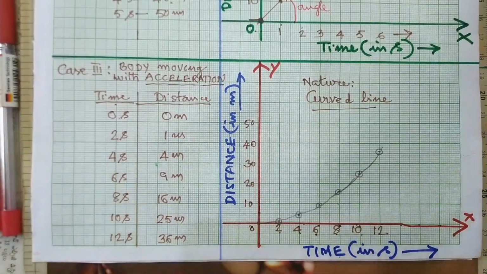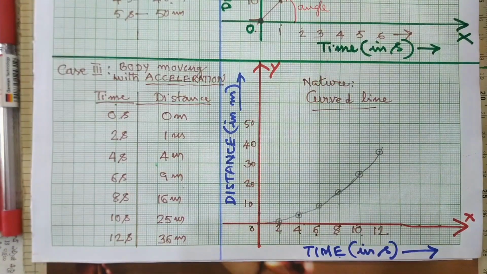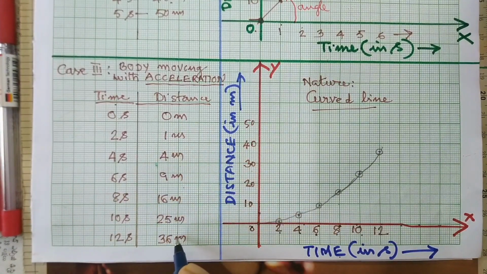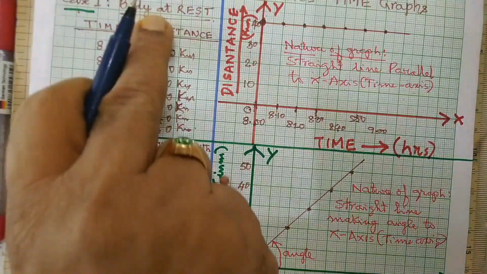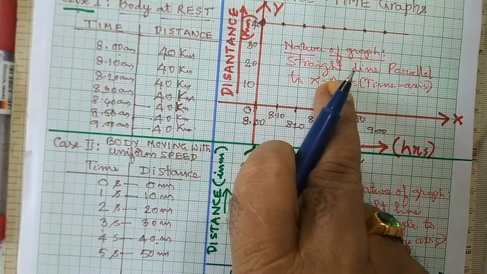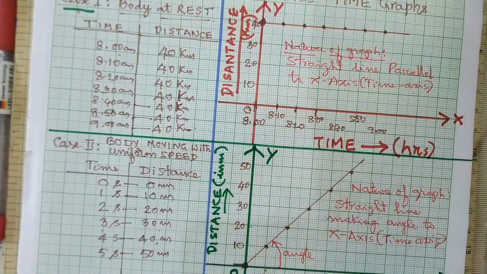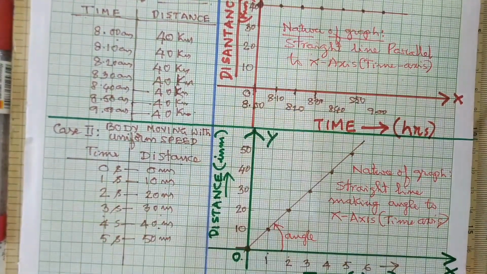Okay. Now observe carefully the three cases I have explained. Listen carefully. This calculation part I will explain to you later. Don't worry how it comes using the formula. And you have to remember one thing: body at rest, you will get this nature, that is a straight line parallel to the x-axis. I am talking about the distance-time graphs.